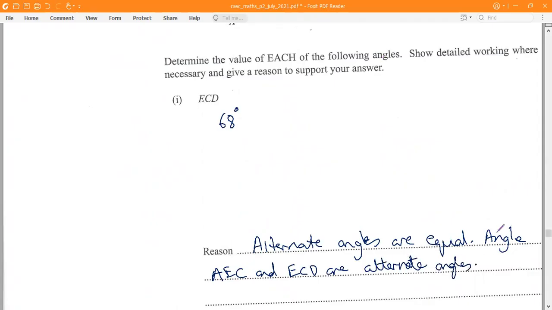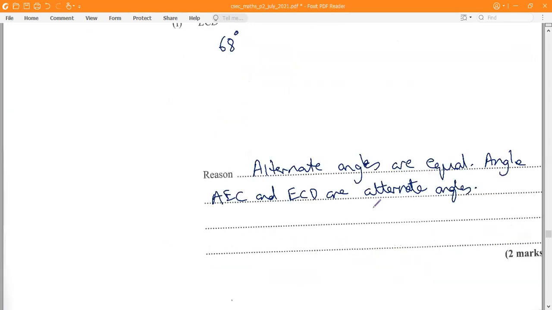Therefore angle AEC is equal to angle ECD. All right, so moving on.